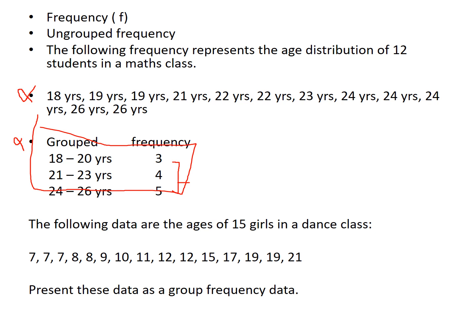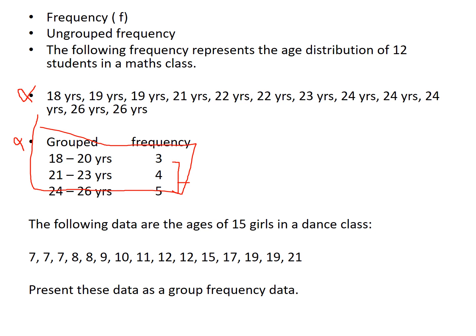The summation of f times x, the total sum, divided by the total sum of the frequency, will give you the mean. Okay, the next column will be x squared, and then the final column, as we looked at before, will be the frequency times x squared and the summation of that. So again, you can go back and look at that.